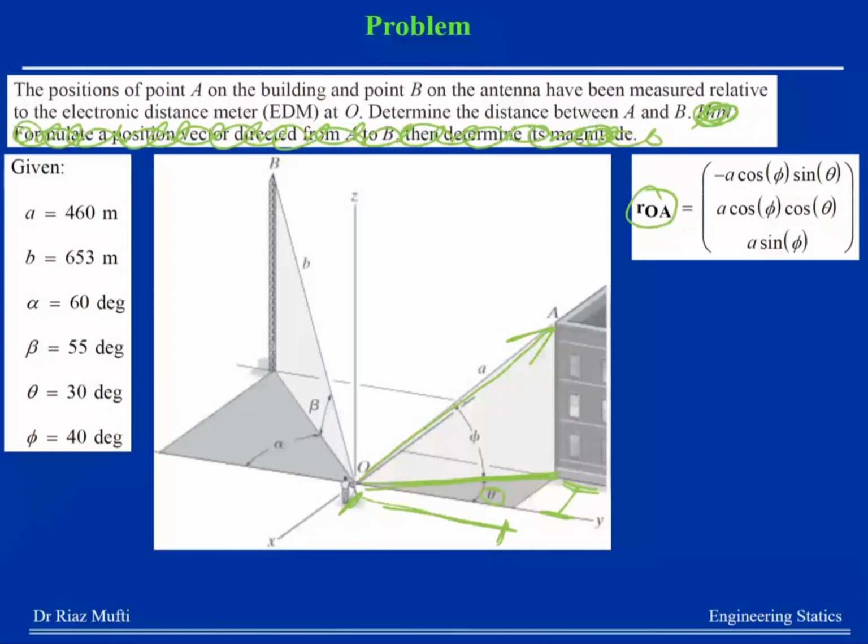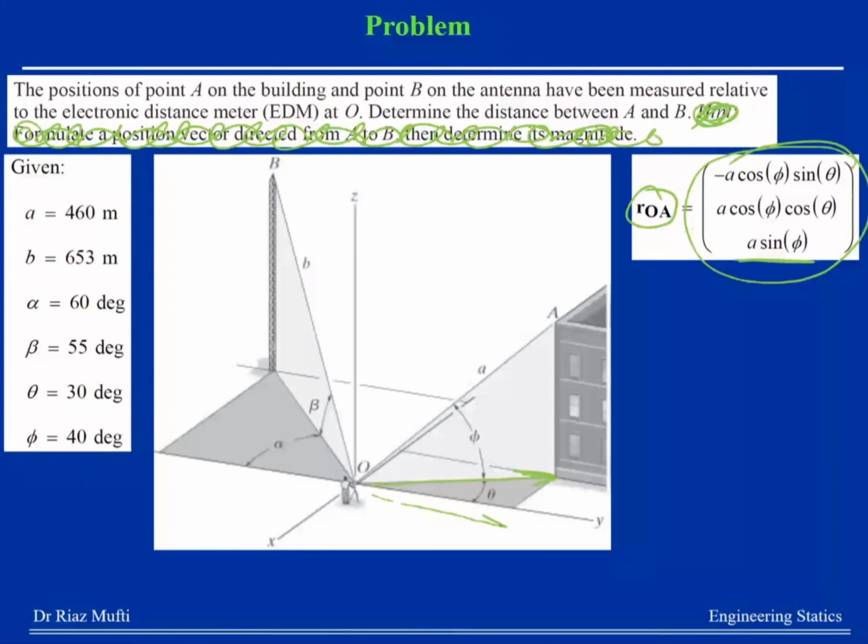You have to be careful. The Z component is positive because it's in the upward direction. The projection of it is in this direction, which tells me that it is in the positive Y. So my Y is also positive.